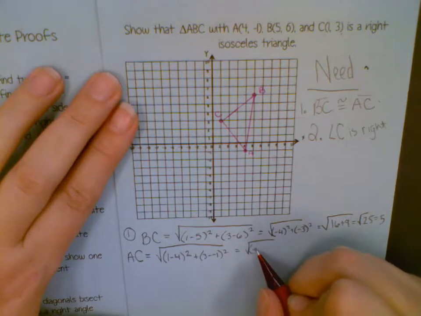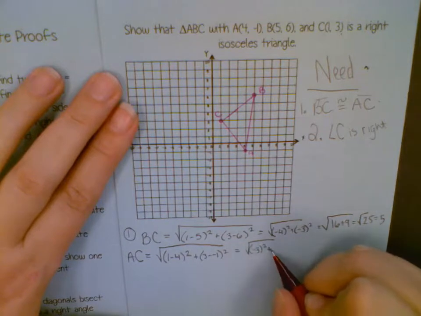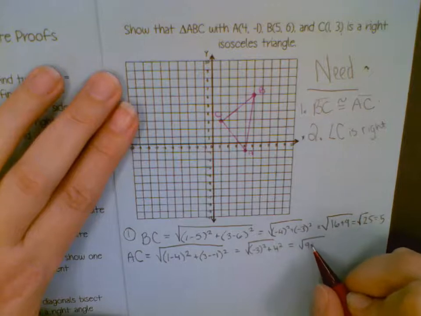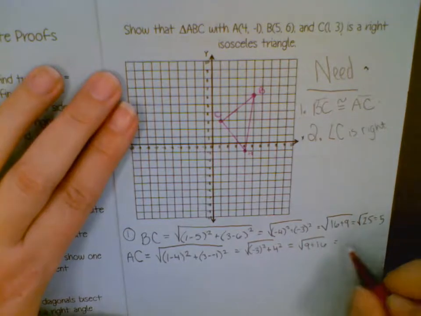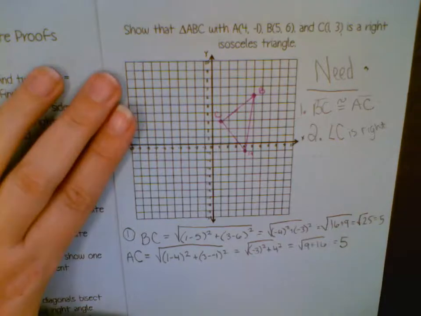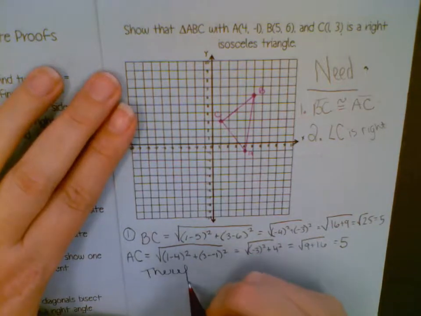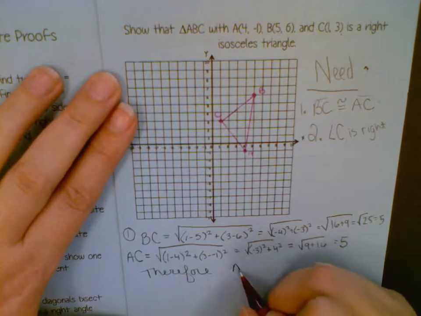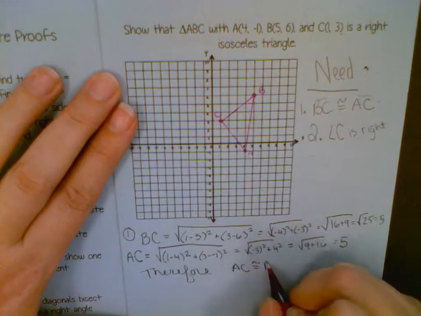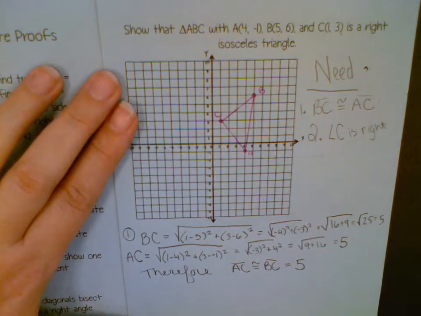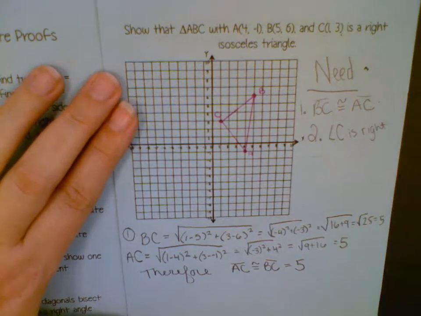So negative 3 plus 4 squared would be 9 plus 16, which is the same as up here, so we get 5. So that means that AC is congruent to BC, since they were both equal to 5. So we have part of this, so that means that it's isosceles, we just don't know if it's a right angle.